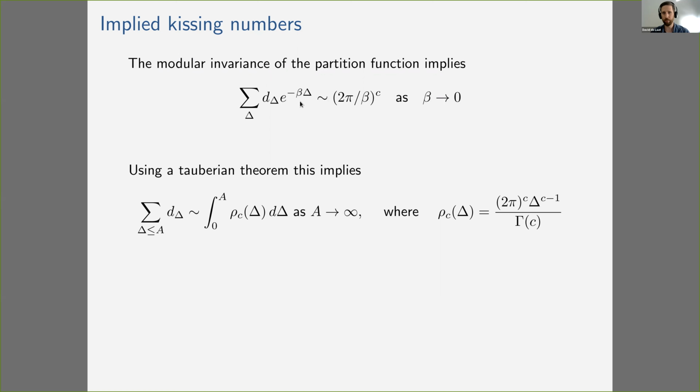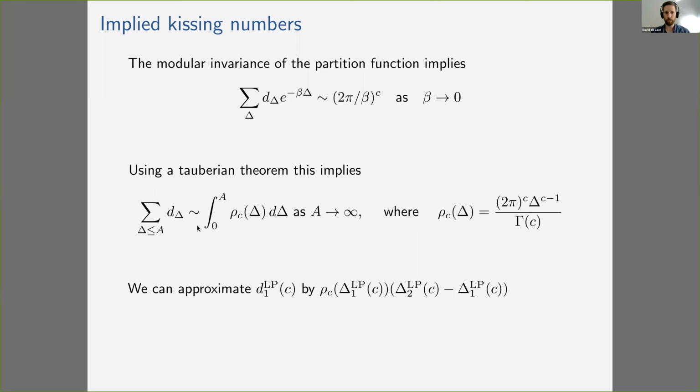If we remove it, using a Tauberian theorem, we can say something about these partial sums, and they look like this. So the integral of some function that is here, you don't have to really know what this is, but there's some function so that these partial sums are the integral of that function as I goes to infinity.